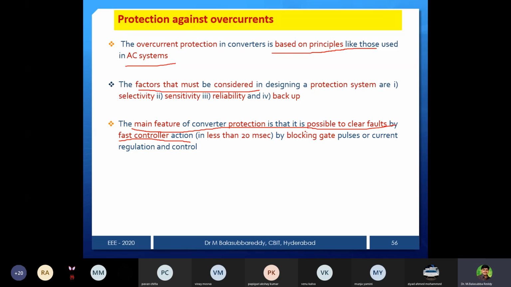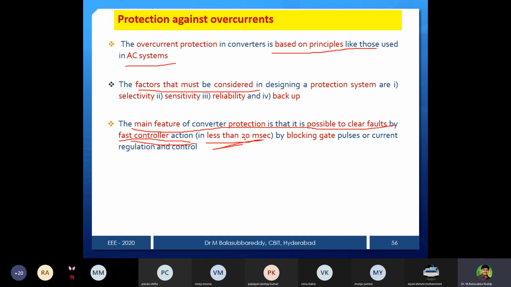There is a protection possibility to clear the fault by very fast action, in less than 20 milliseconds, by blocking the gate pulse or by current regulator and control. Even if you block the gate pulse, once the devices are in the on state, the converter is on, so what will happen?